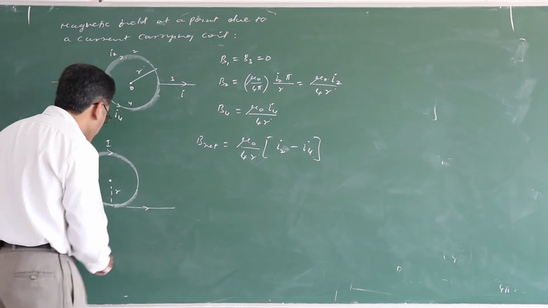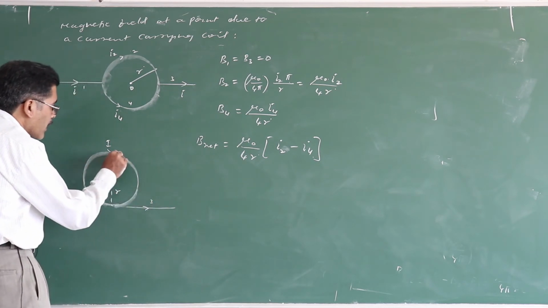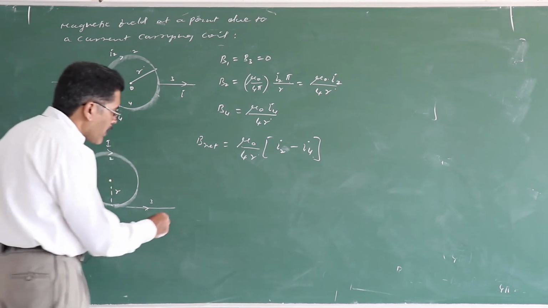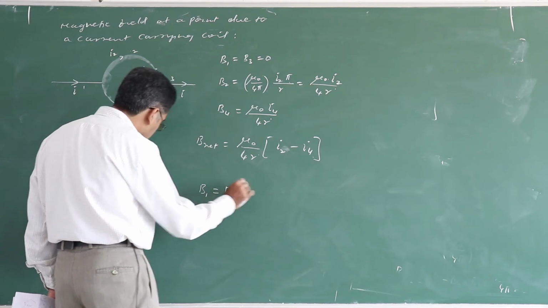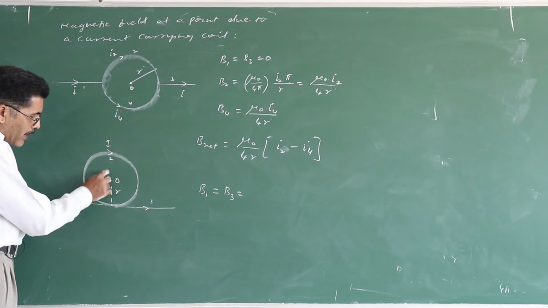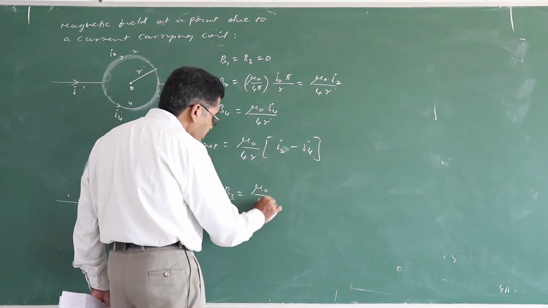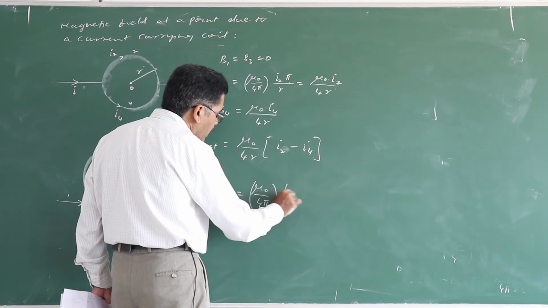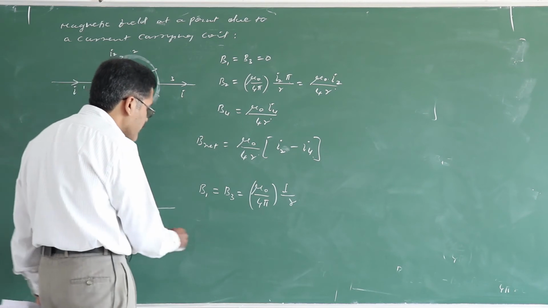So what is the net magnetic field? If I take this as 1, 3 and this is 2, magnetic field due to segment 1 and segment 3, here it is not equal to 0 because see, it is a straight wire, current is here, mu naught by 4 pi I by R. And what about this B2?